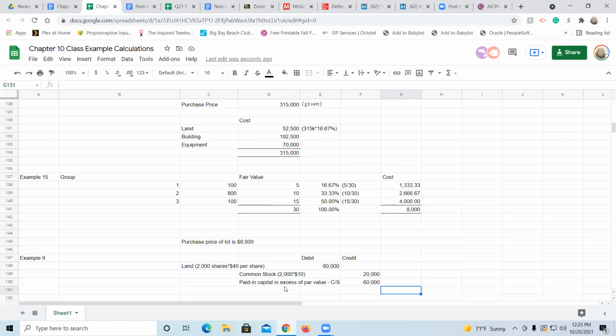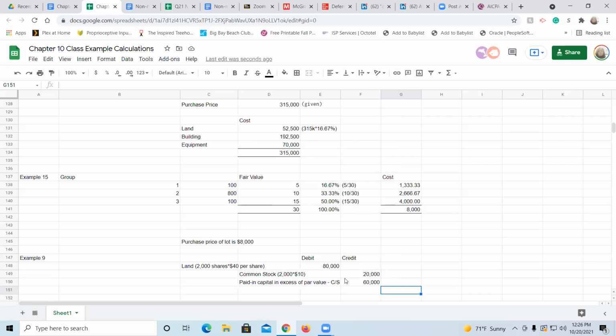And if you forgot this piece, this is a classic stock issuance credit side of the journal entry, right? The rule is you credit the common stock with the number of shares times either the par value, or if there's no par value, times the stated value, or if there's no par value or stated value, then common stock will just take the entire 80,000.